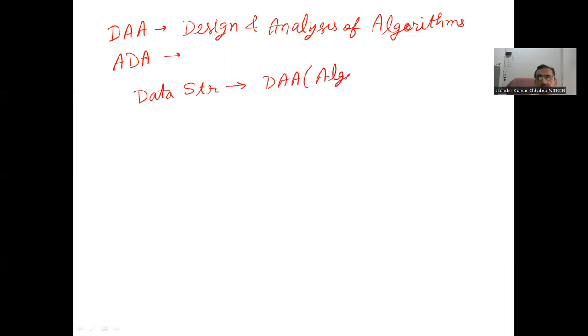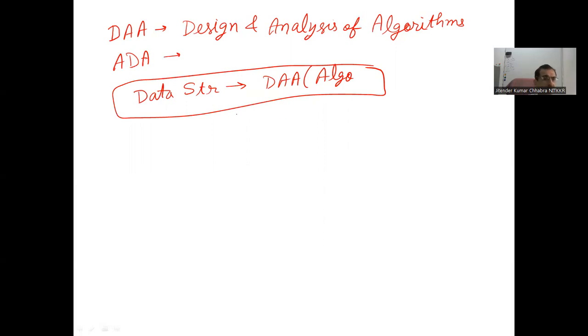Collectively, these two subjects combined become the most important and most desirable subject combination for any computer or IT engineering. And from a job viewpoint also, these are the most important. In most IT company placements, all interviews, all written tests, definitely you are going to see some role of these two subjects.